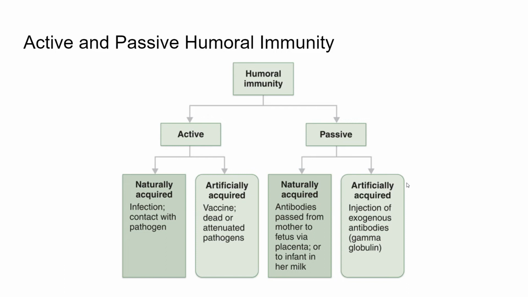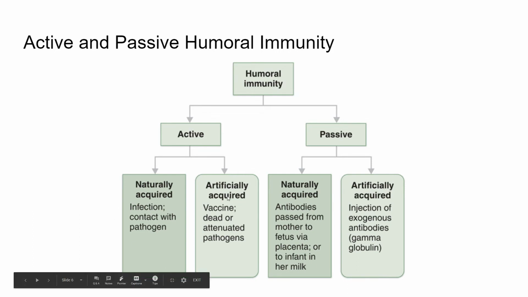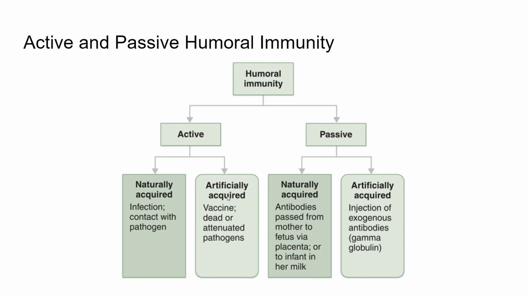We just talked about naturally acquired active immunity, in that you came in contact with a pathogen, your body actively created a response against that, and you dealt with it. This can artificially be done as well through a vaccine. Basically, what a vaccine does is you are getting those antigenic determinants from the pathogen without getting the actual pathogen.